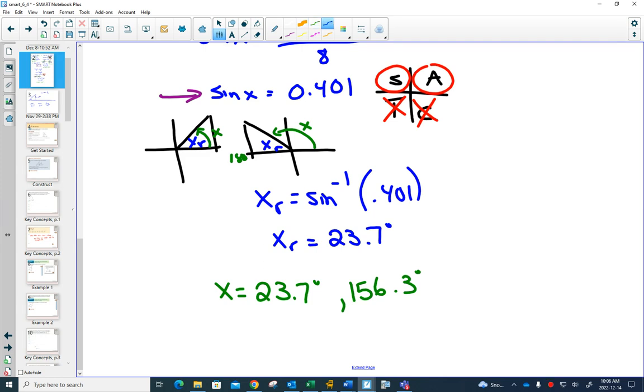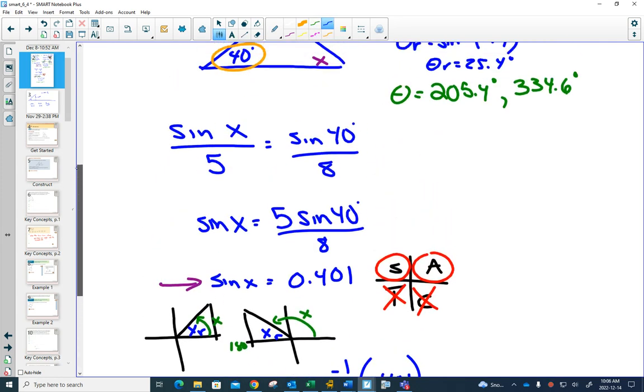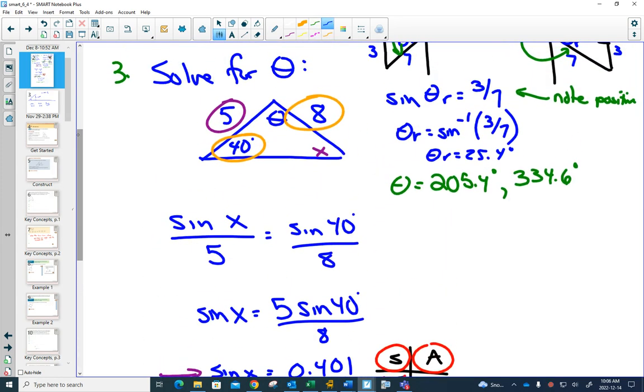I'm just going to scroll up a little bit back to our triangle, I'm going to put those two numbers side by side here and just think about them. One possibility, we'll do it in green, was 23.7, sorry. The other possibility was 156.3. Do any of them not make sense?